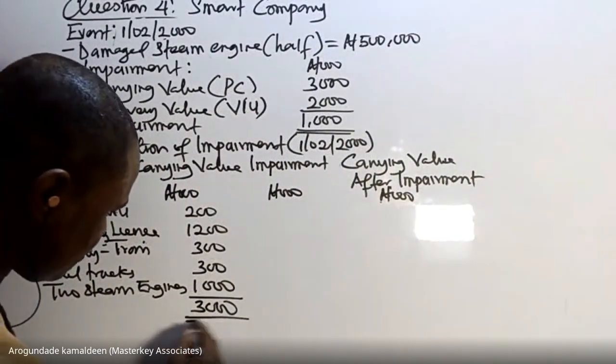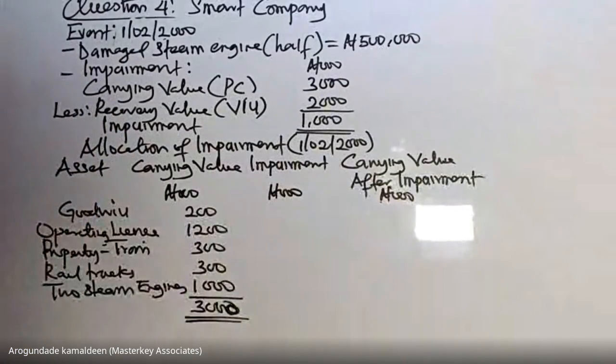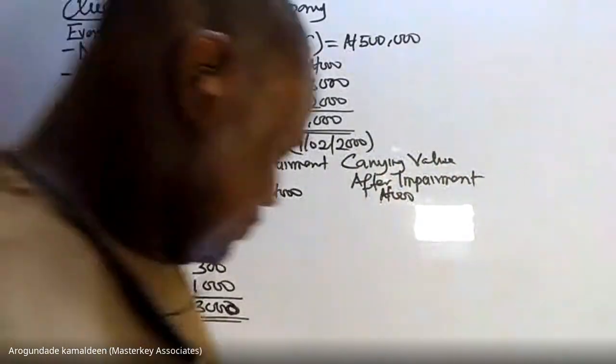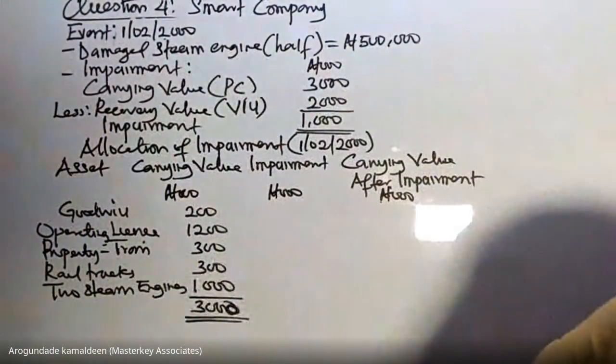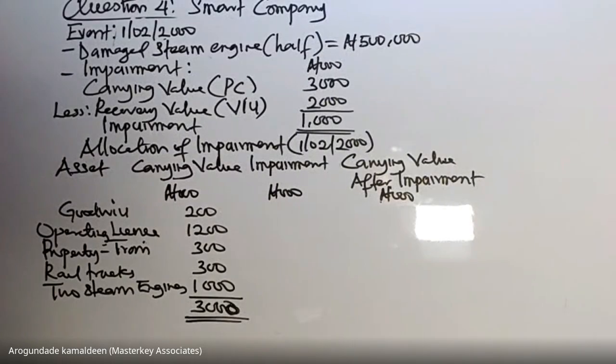Class now. In this kind of allocation, what are we going to do first? Tell me. Yes, allocate to the damaged assets. Thank you.